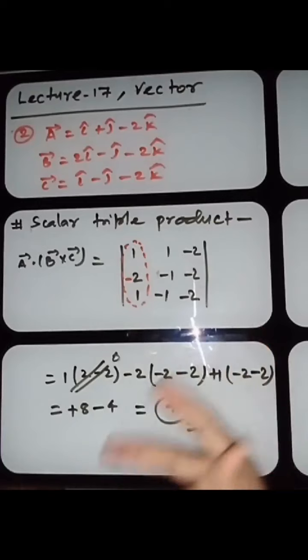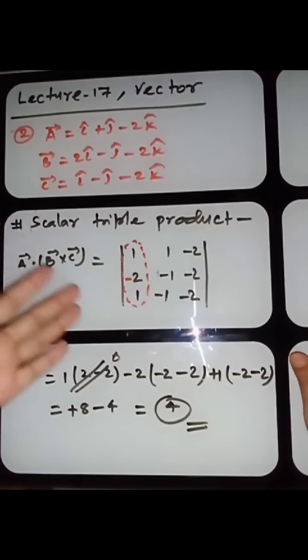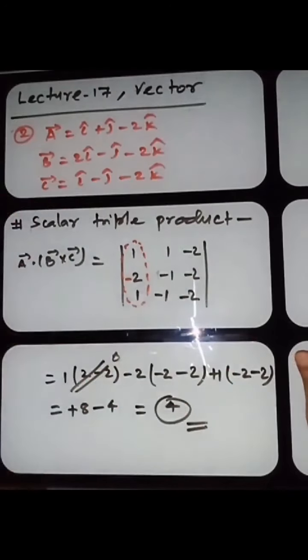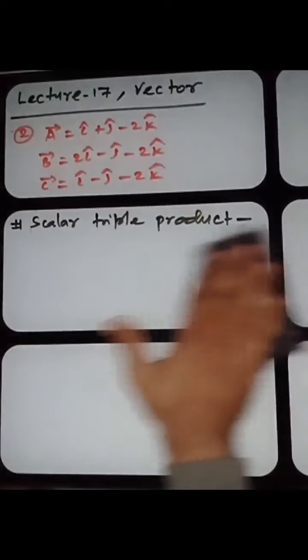Let me do one more example, my dear students. Then I'll give you a few questions for your practice. Already I have given you the number of vectors, you can do your practice using any of the vectors. But one more question of this scalar triple product.